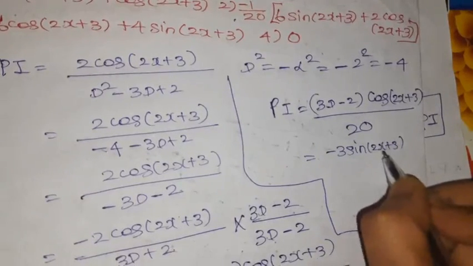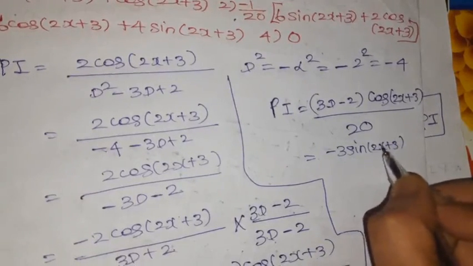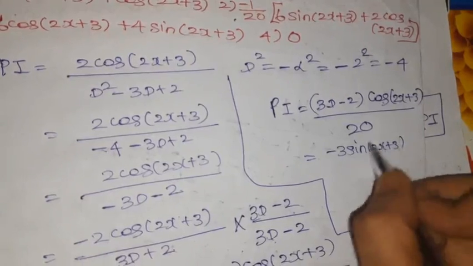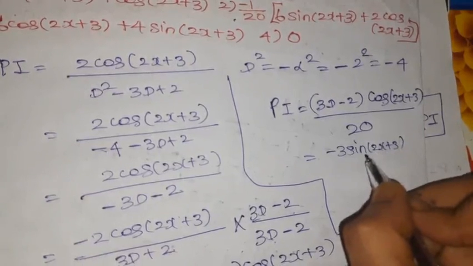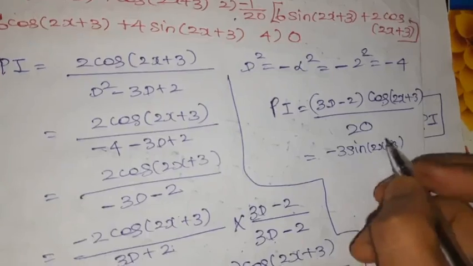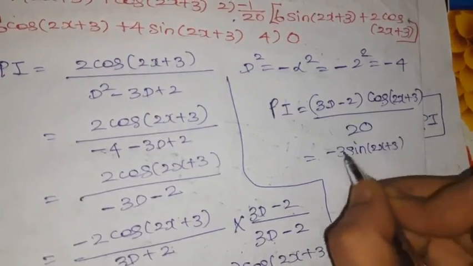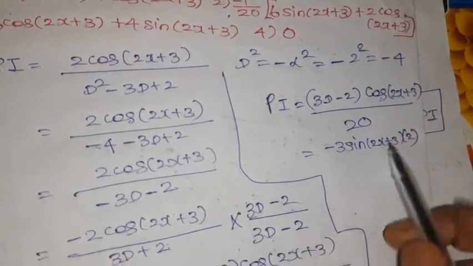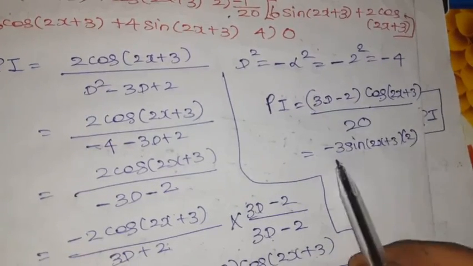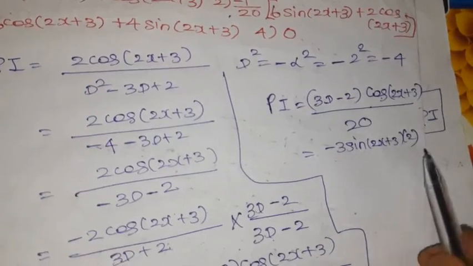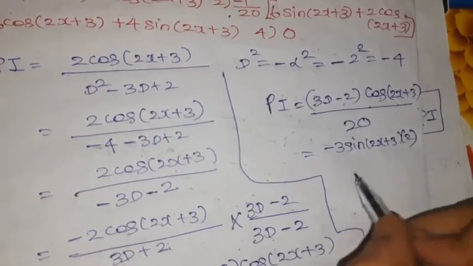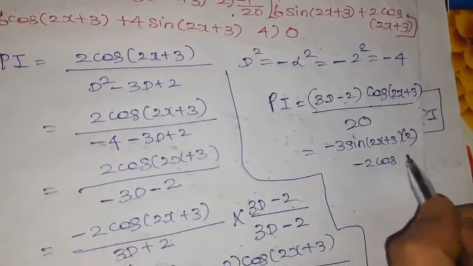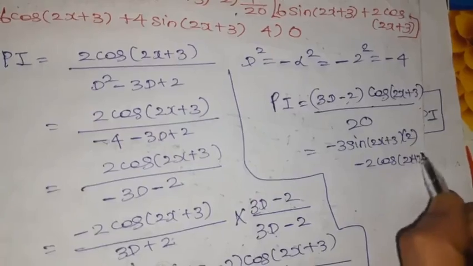Here in place of x, we are having 2x plus 3. Now differentiate this term. 2x, differentiating we will get 2. So minus into 2. When we differentiate, we will get minus 3 sin 2x into 3. Then minus 2 cos of 2x plus 3.